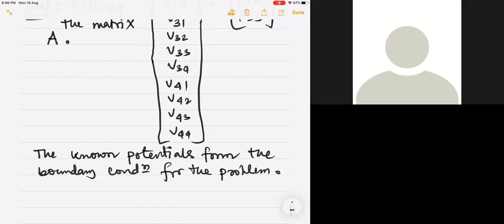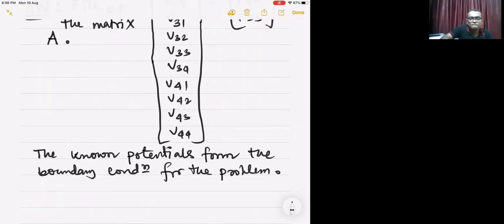So this is another example where solving Ax equal to b becomes of utmost importance. Ultimately, solving a partial differential equation using the finite difference method also turns out to be solving Ax equal to b.